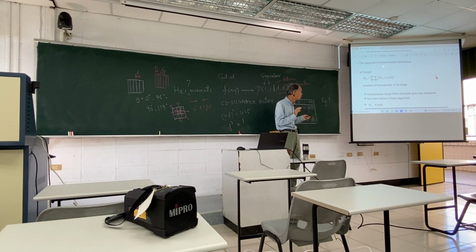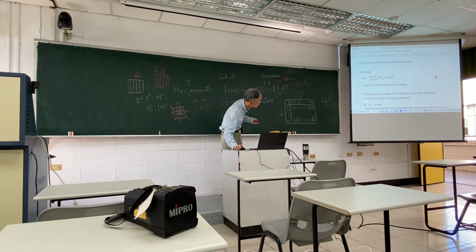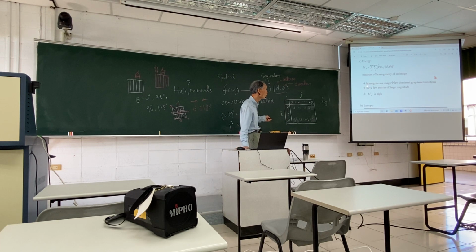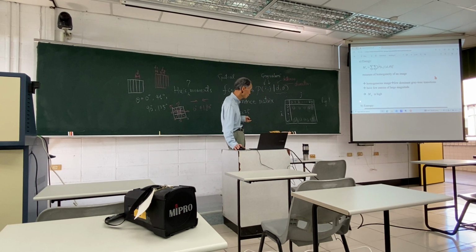The other one, as I say here, if you have a homogeneous or very regular or uniform image, then its corresponding energy will be very high. The other measure, as I just mentioned, is entropy.